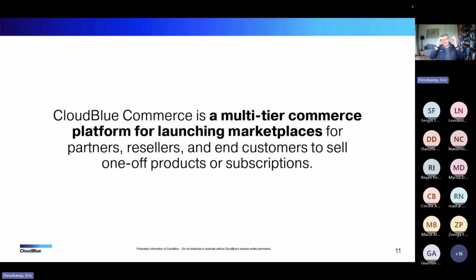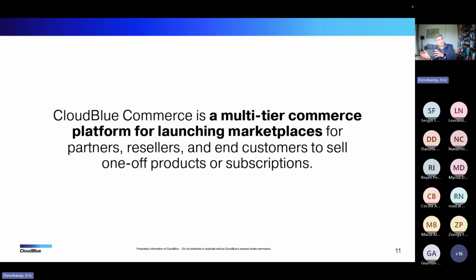So let's say the provider has a deal with Microsoft for Microsoft 365, for Microsoft Azure, for Azure RI, with Dropbox for shared storage, with Acronis for backup software. And now this reseller is in the market of adding value to those products.